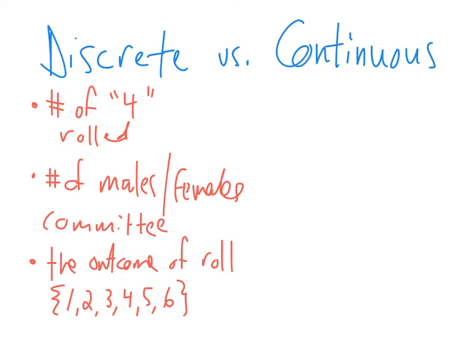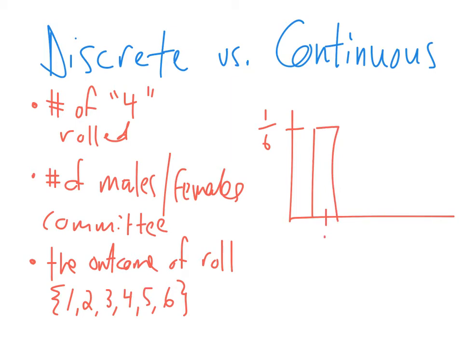And if we did a quick histogram, each of those has a probability of 1/6. So the outcome of a 1 being rolled has a probability of 1/6, and all the way to the outcome of a 6 being rolled.